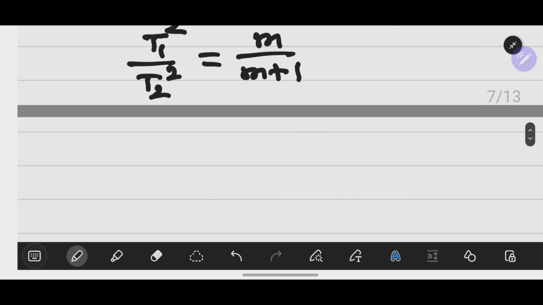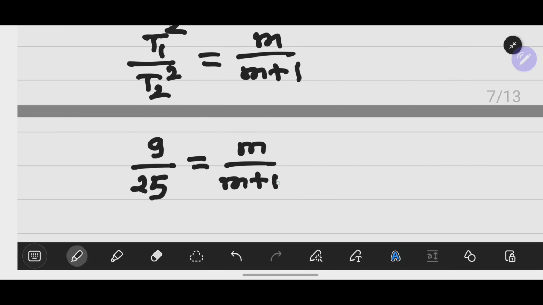After squaring, we substitute the values to get m. T1 is already given, that is 3, and 3 square is 9. Divided by T2, which is 5, 5 square is 25, equal to m upon m plus 1.